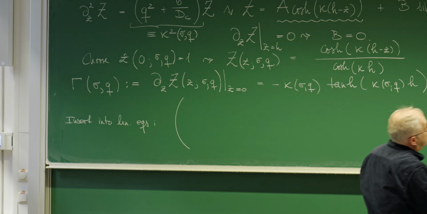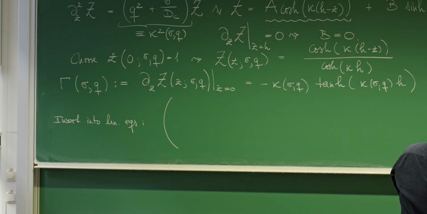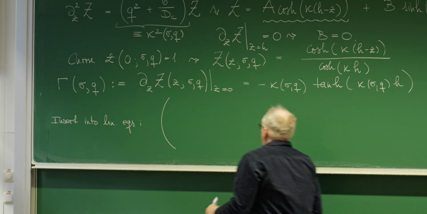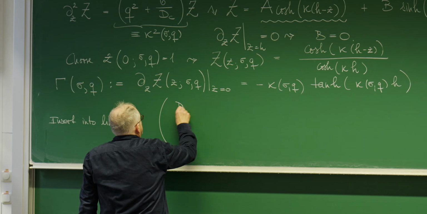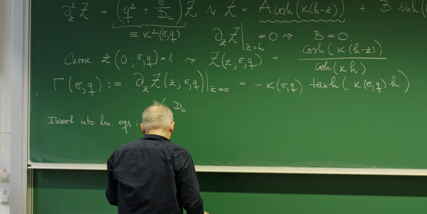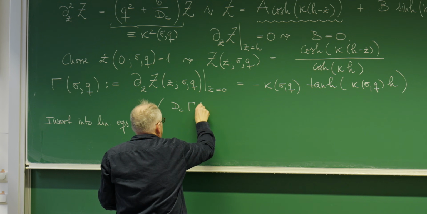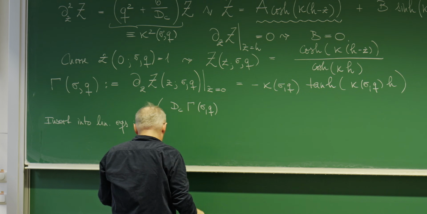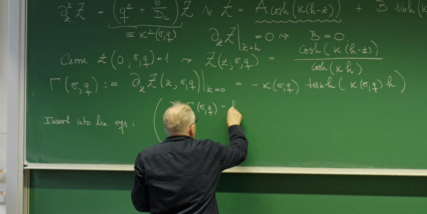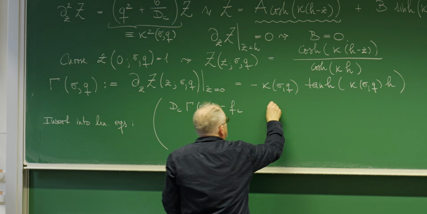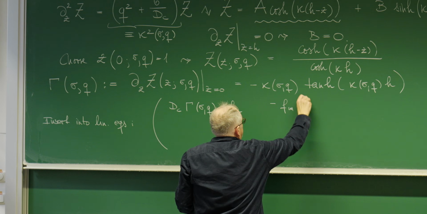So when you insert that, what you get is for the dependence of delta C times gamma of sigma and q minus Fc minus Fm.